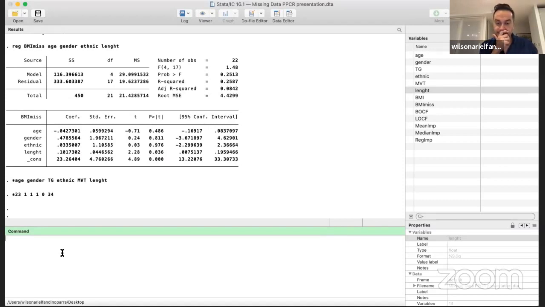The first step is to write the command, which is MI. In the same way that you have to tell Stata you are going to work with survival analysis, as you saw a few weeks ago, here you have to tell Stata you want to work with multiple imputation now.